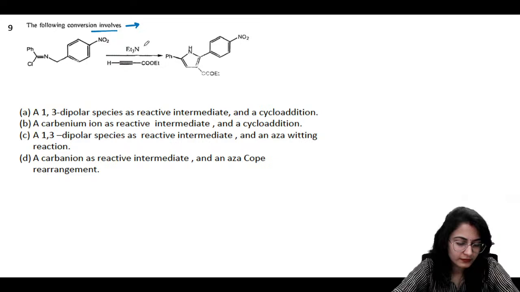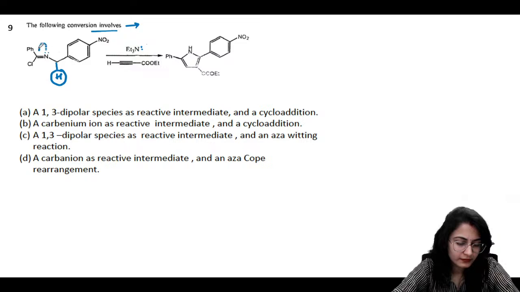You see, there is a base. Very simply, when you have a base it can remove a proton. This proton is easily removable. Why?